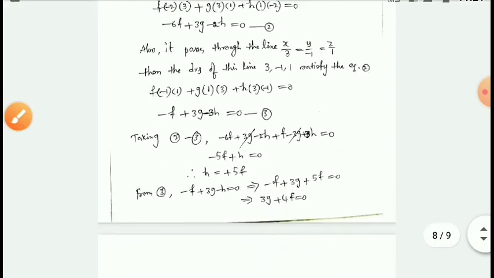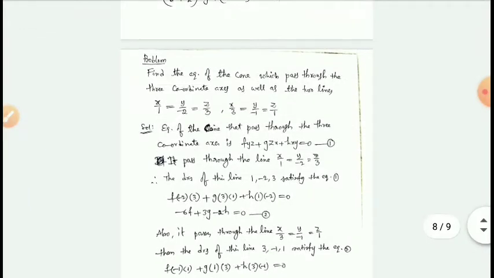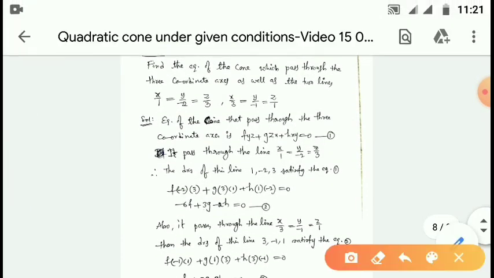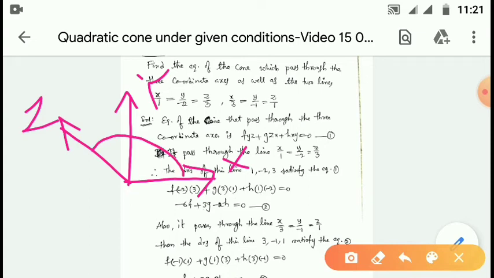So in this problem, what we have to do? It is given that the cone is passing through the three coordinate axes. Say this is the x axis, this is the y axis, and this is the z axis. So the cone is like this, passing through the three coordinate axes.